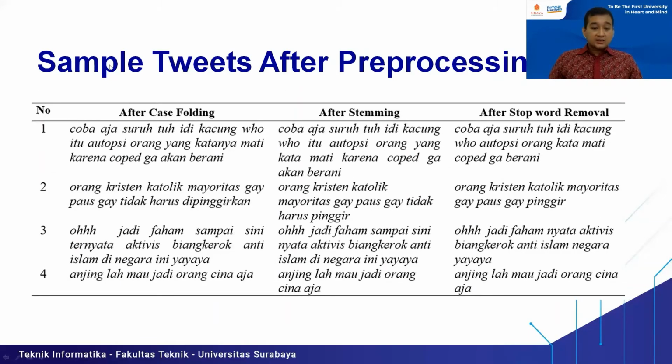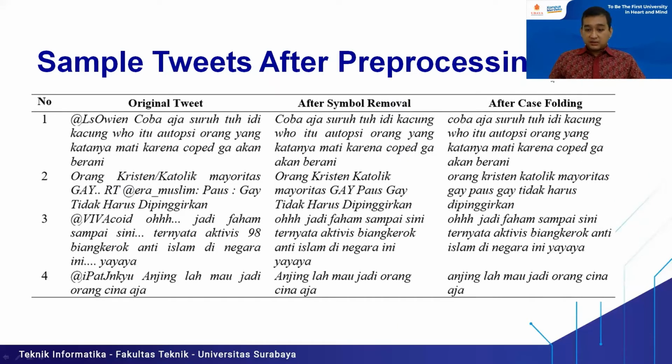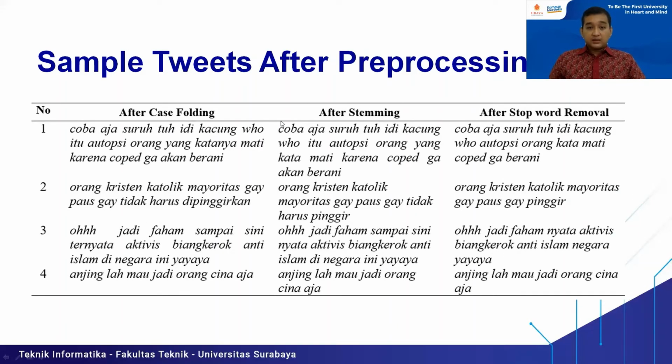Next, this table is an example of stemming and stop word removal results. This is after case folding from this table, and then this is the result after stemming, and then this is the result after stop word removal.